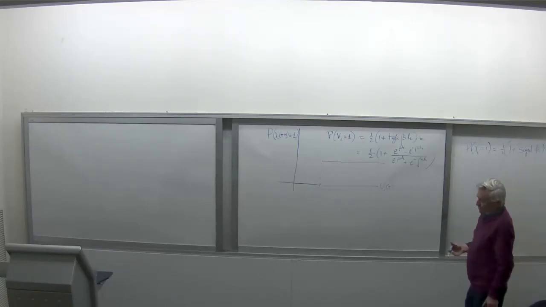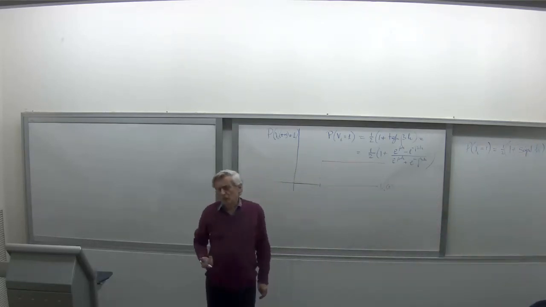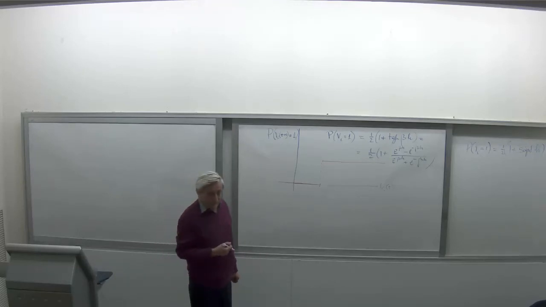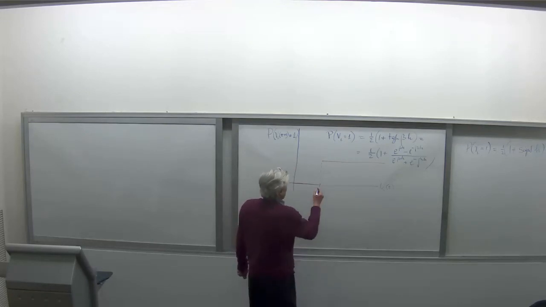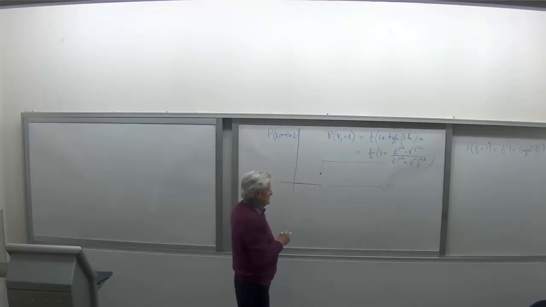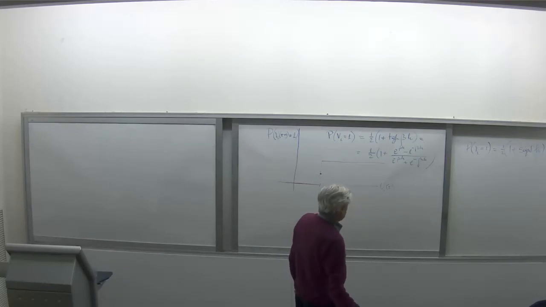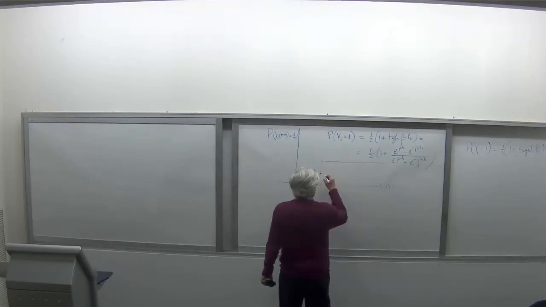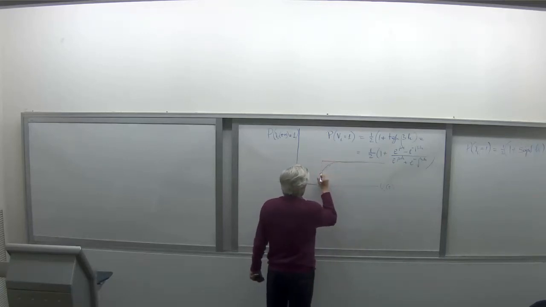So this is it. If you plot for any finite beta, when beta equals 0, this is 1/2, and when beta is very large, this goes to 1, and it goes like that.